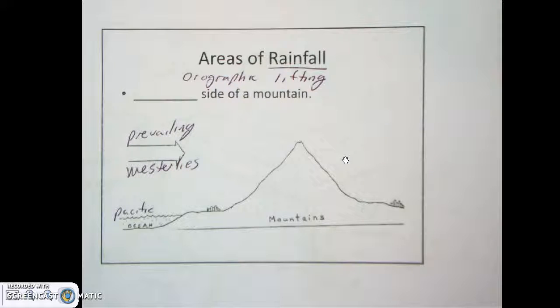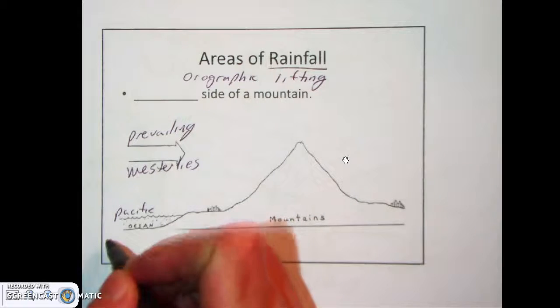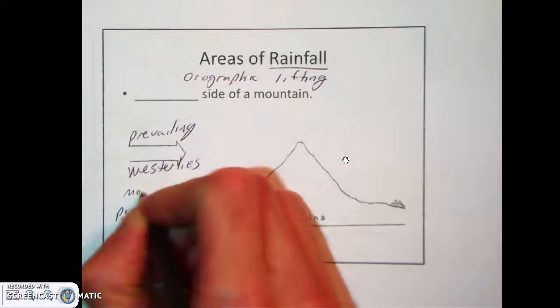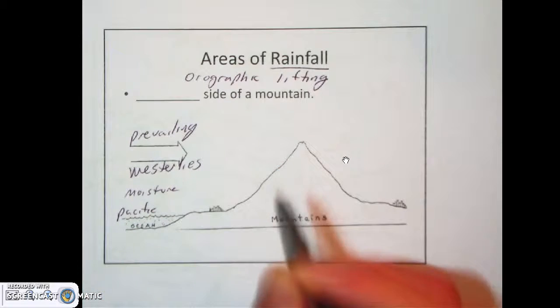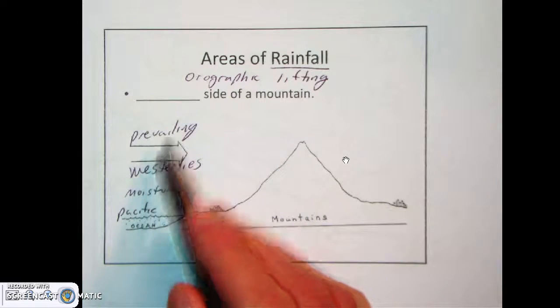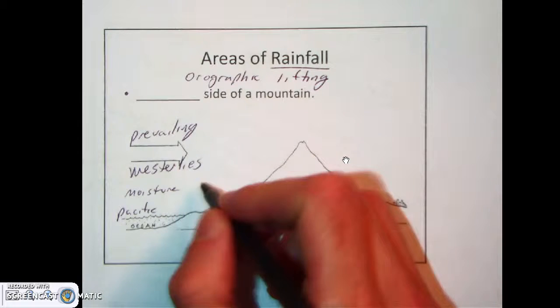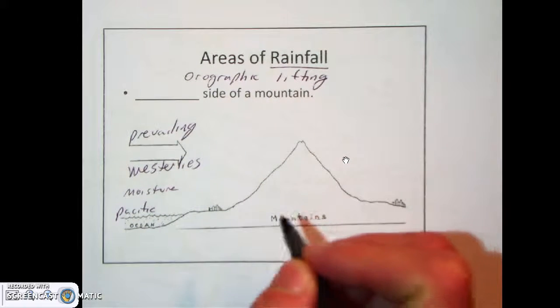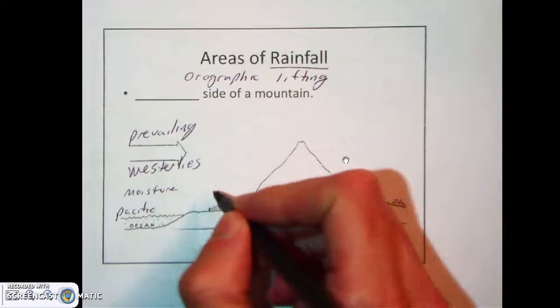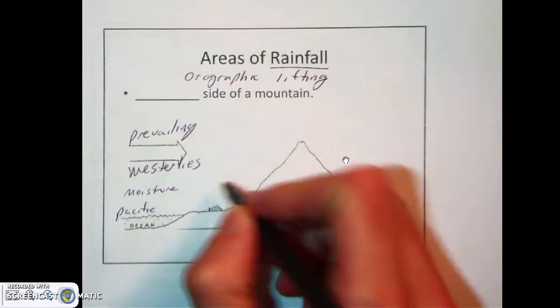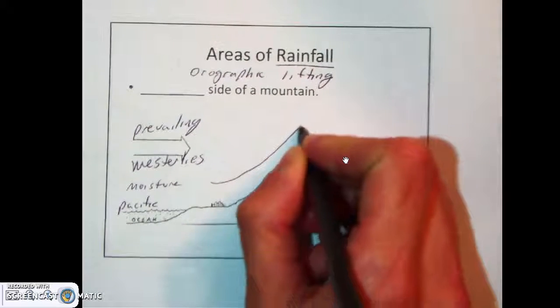The Pacific adds a lot of moisture to the air, and because of the prevailing westerlies, the wind is blowing the air into the mountain. The air really has nowhere to go, so it gets forced up over the mountain.